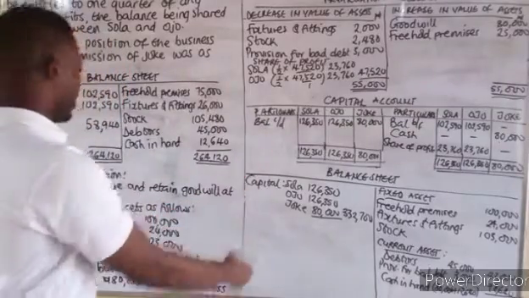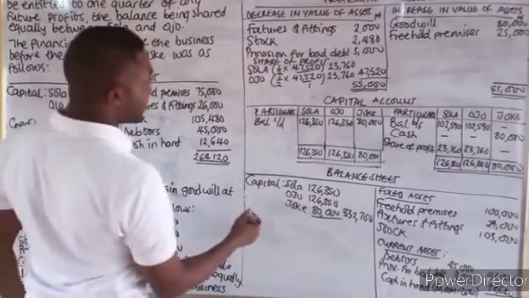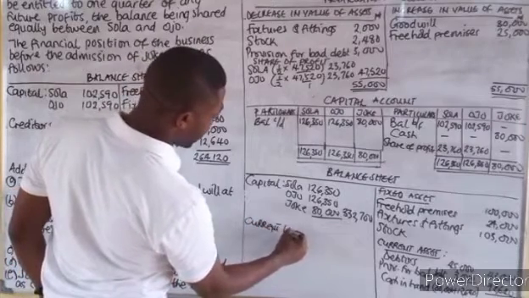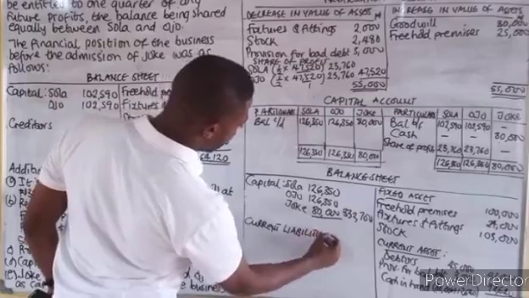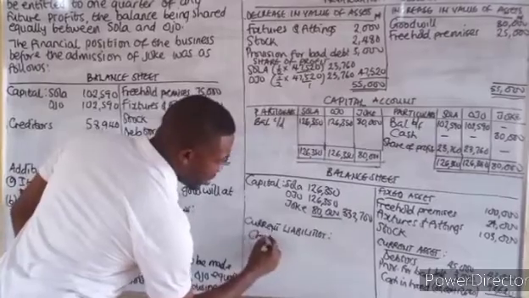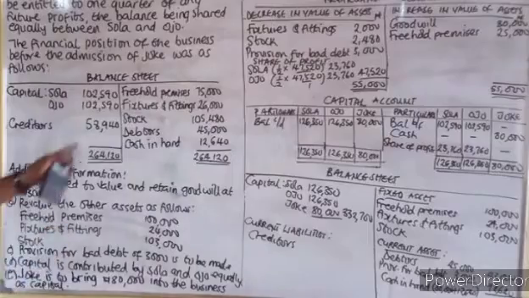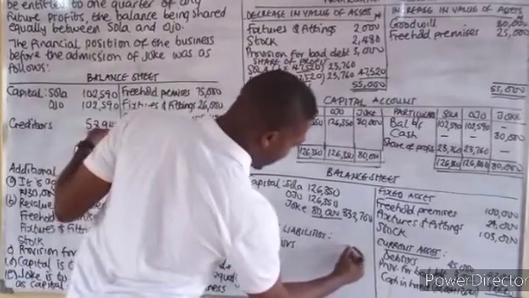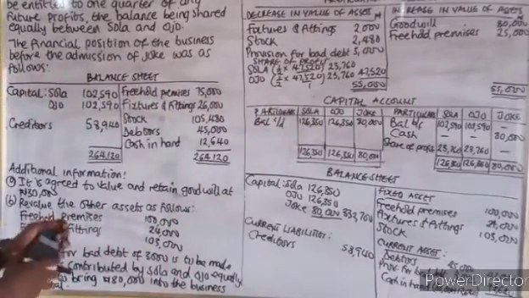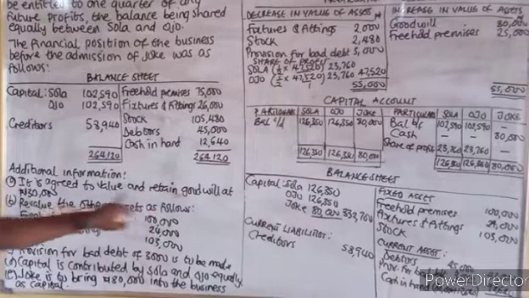Now let's post at the left hand side here. What will be our liability? So we have our current liability. We have creditors, 58,940. Now if you remember, they said they introduced goodwill and it was retained, 30,000.